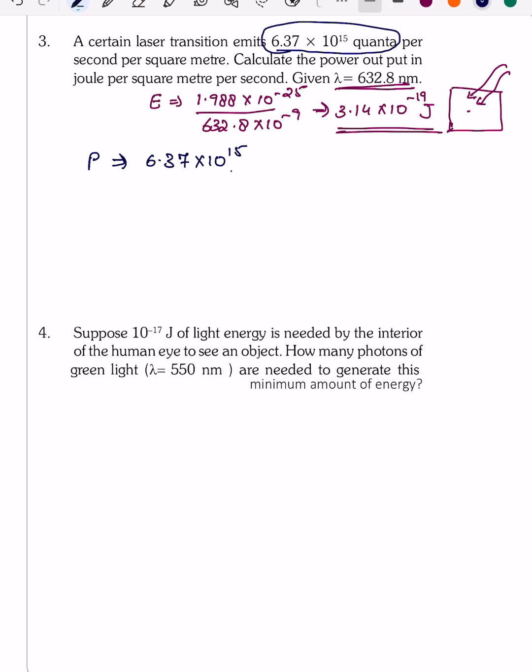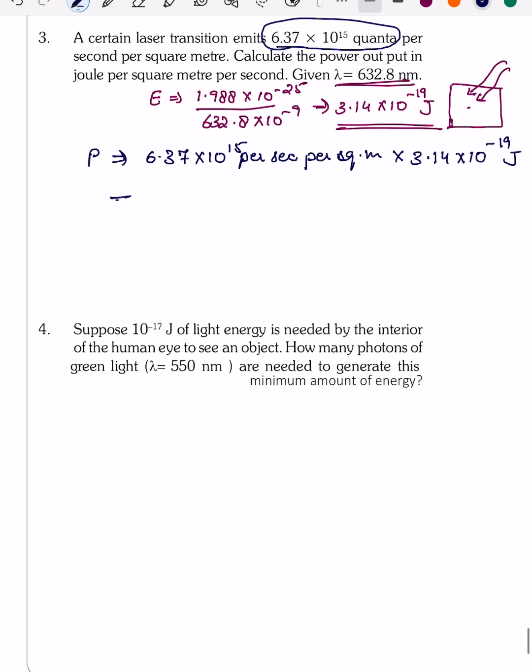This was 6.37 into 10 to the power 15 quanta per second per square meter into 3.14 into 10 to the power minus 19 joule. So what will be the total power? Multiply both of them. You get it as 2 into 10 to the power 3. These many joule per second per square meter. This will be the answer.